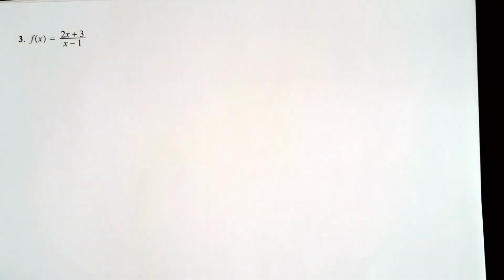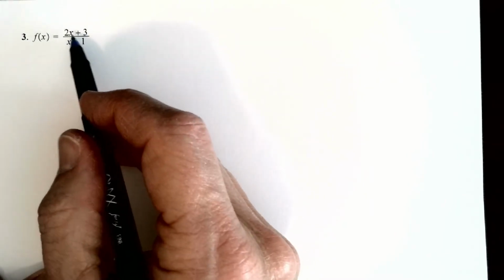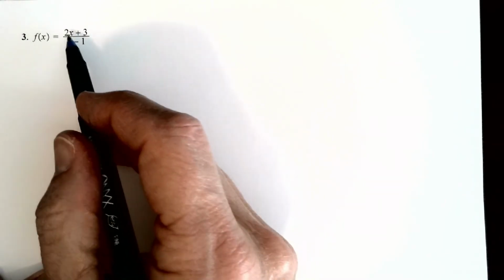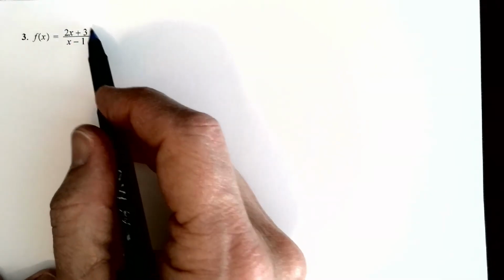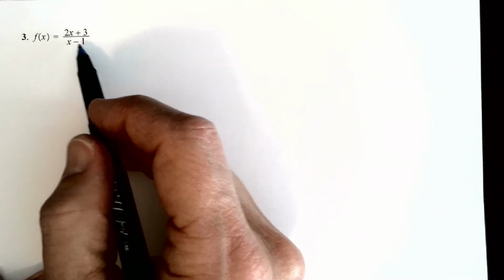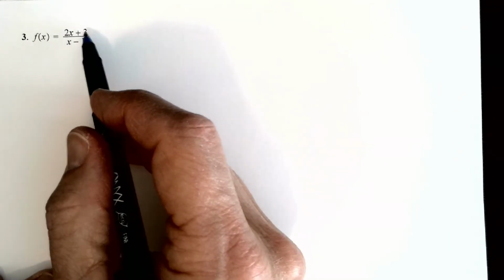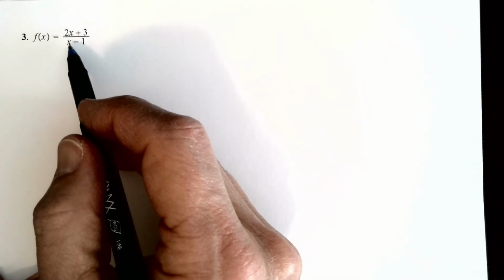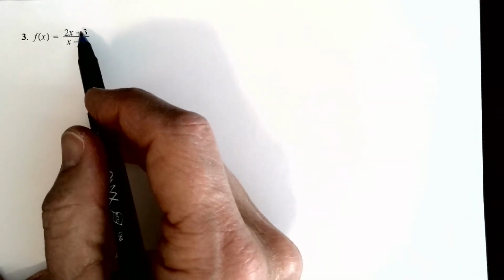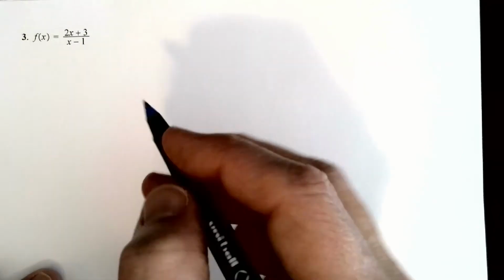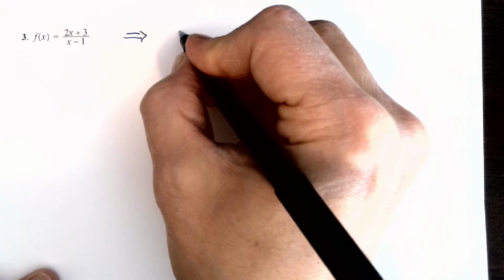And the reason we need the formal approach here is if I try to intuitively do this, the problem is I've got two things going on simultaneously, because this division bar, the numerator and the denominator really have parentheses around them, so I've got to, first of all, up top, take 2 times x and then add 3, but at the same time I've got to take x and subtract 1 from it. So I've got two things going on at the same time, and the last thing I do is the division. It's just really difficult to do it intuitively, and so we're going to use the formal approach, which is what?